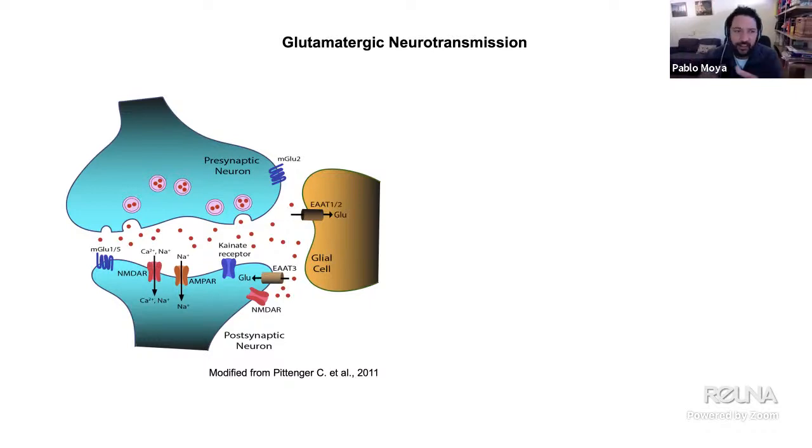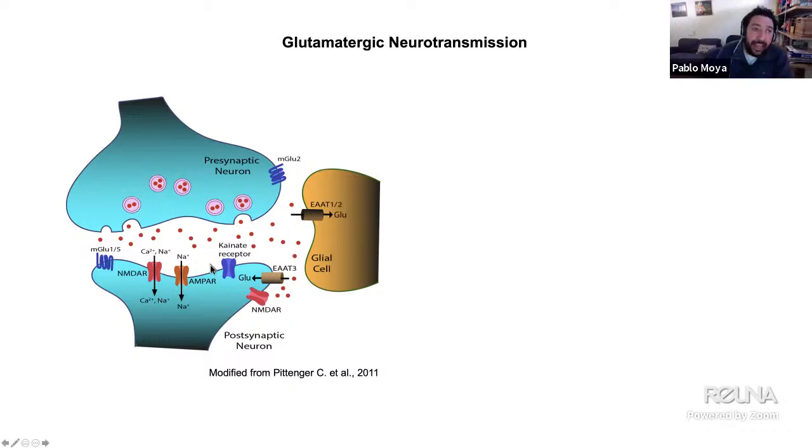This is a very basic representation of a glutamatergic synapse, where we have the vesicles and the glutamate release in red dots. We can observe the ionotropic and metabotropic receptors, and in general the high excitotoxicity that is triggered by an excess of glutamate.